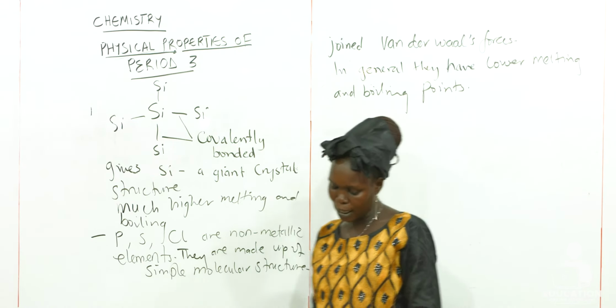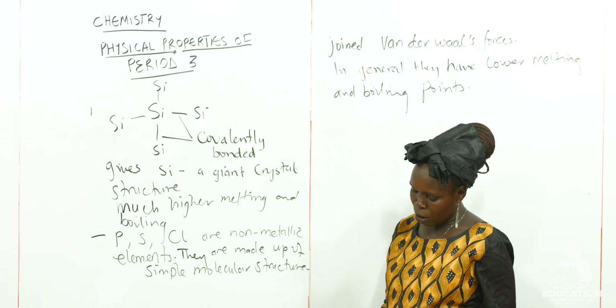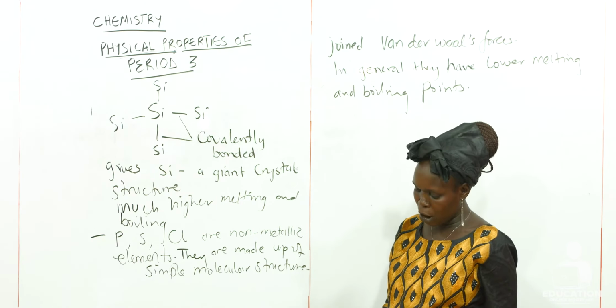So sulfur has a higher melting and boiling point than the rest of the non-metals in period 3.